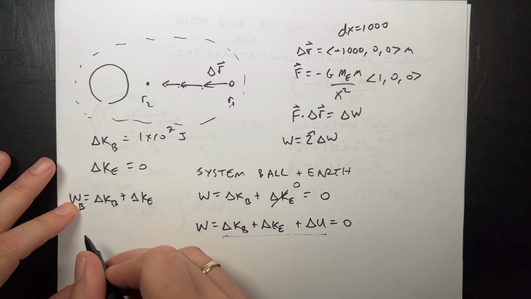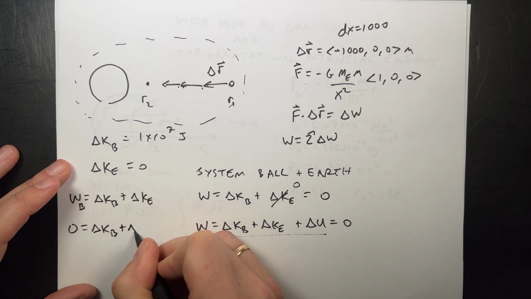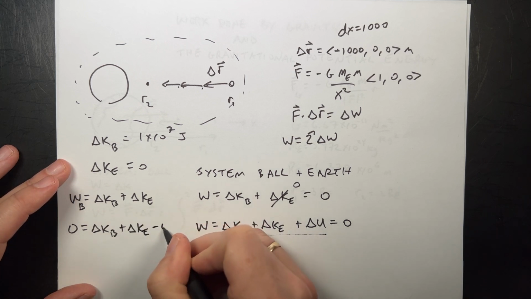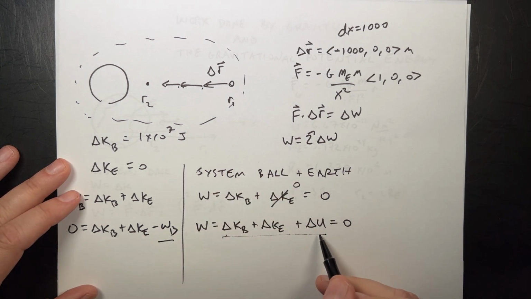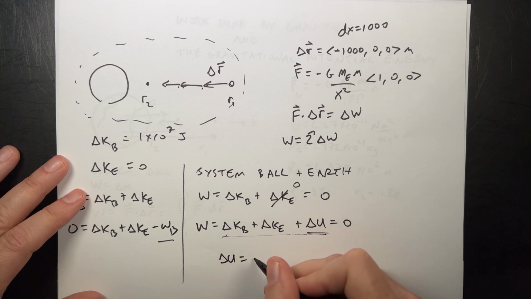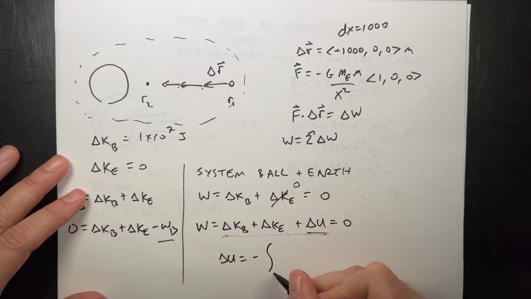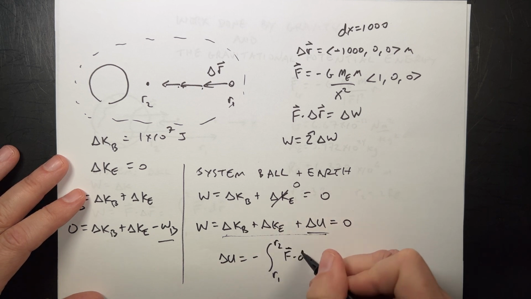So if I move this to the other side, I get 0 equals delta K ball plus delta K Earth minus work done on the ball system. And so you see that these have to be the same. So delta U has to be equal to negative the integral from R1 to R2 of F dot dr.